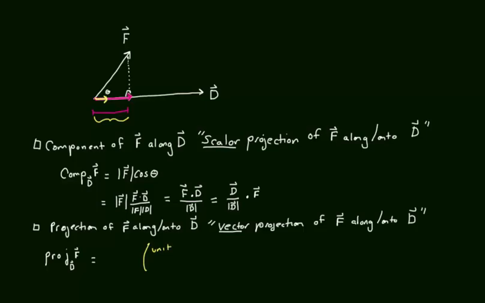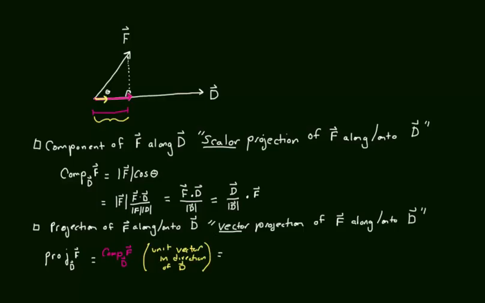So this little unit vector then, I'll write it over here, as the unit vector in direction of d. So it has the same direction as d, but it's a unit vector, a magnitude of 1. So we would need to multiply that then by the scalar, which we have already defined as the component of f on to d, and then we have to multiply those.